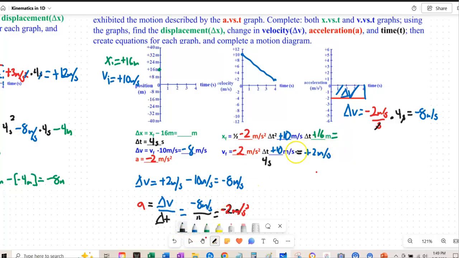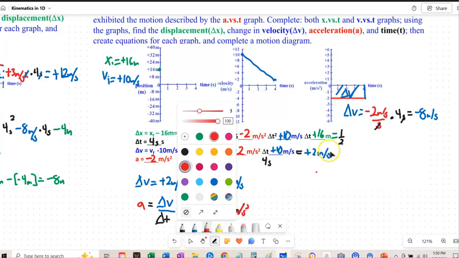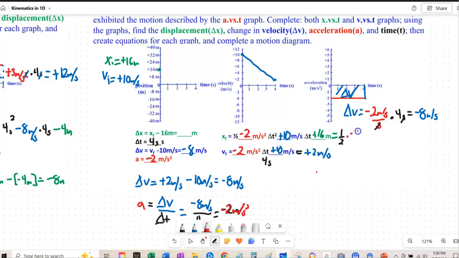So we're going to put a 1/2 here. So this is going to be 1/2 times -2 meters per second squared times 4 seconds that we're going to end up squaring.